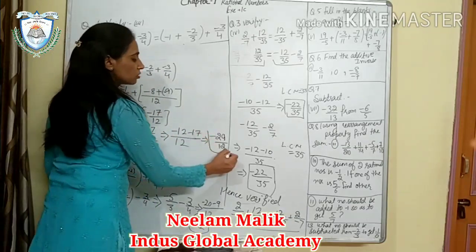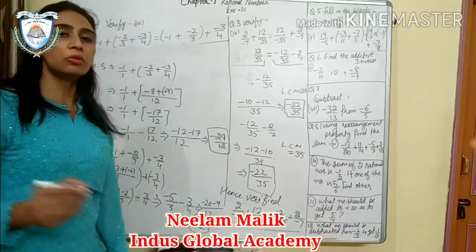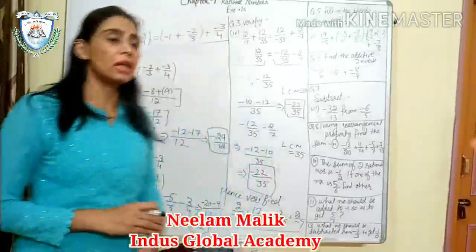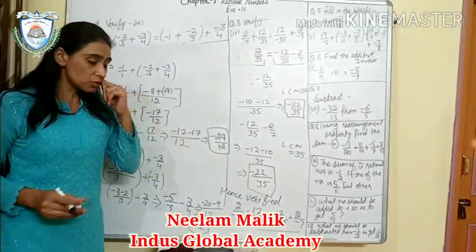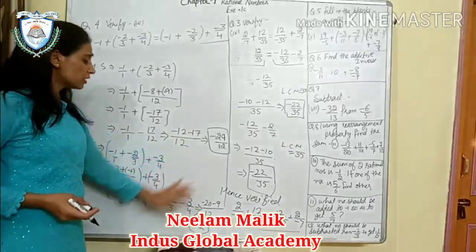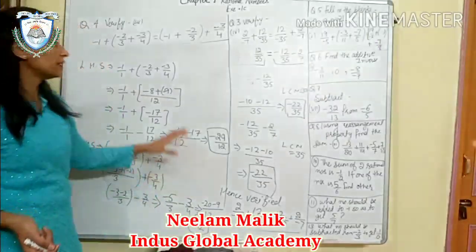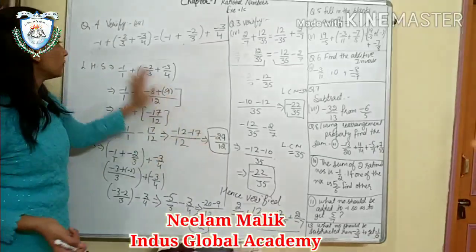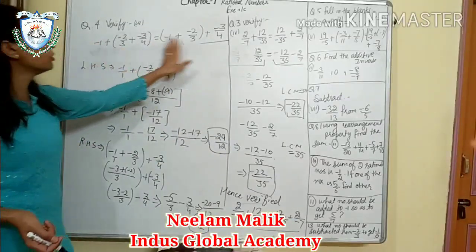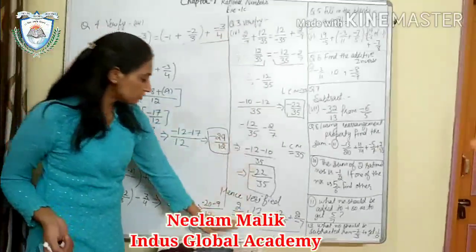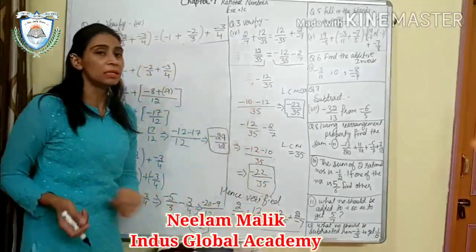And what was the answer of the left hand side? That was also -29/12. So at the end we will write hence verified, left hand side is equal to right hand side. You will write hence verified, this is equal to this, as we have written in question number 3.